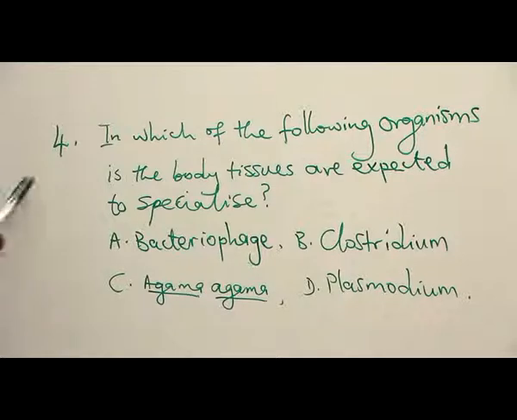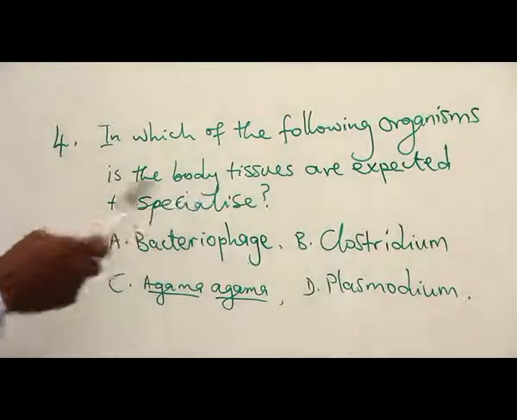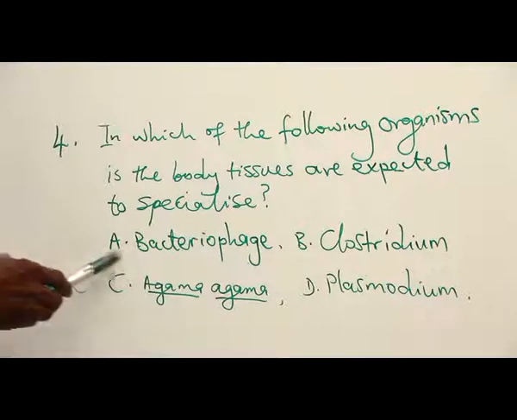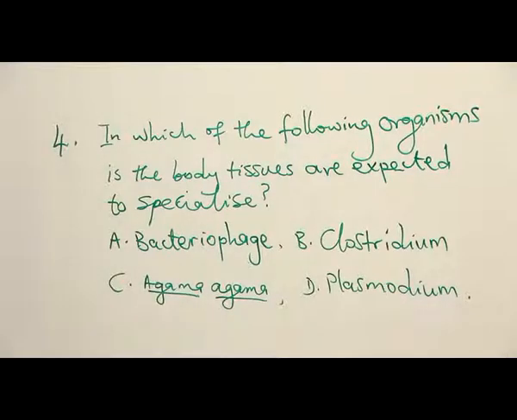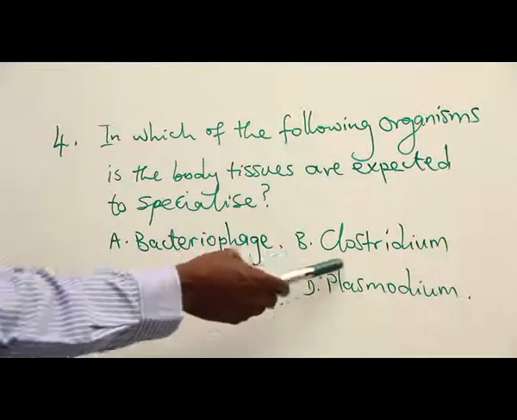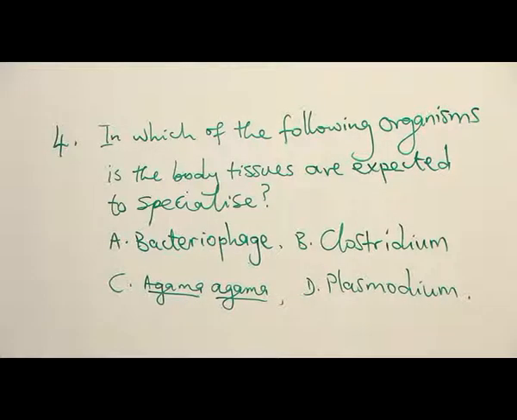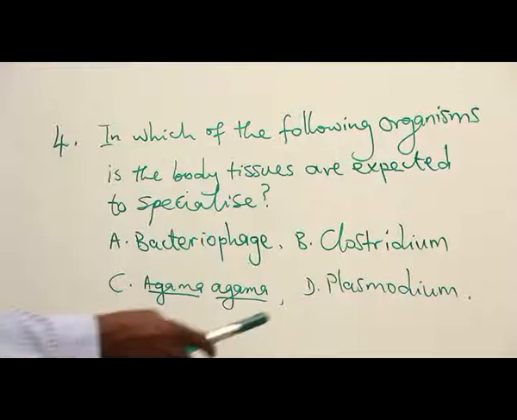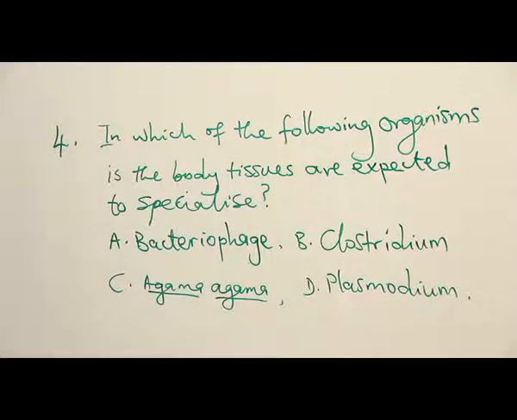Example 4. In which of the following organisms are the body tissues expected to be specialized? A. Bacteriophage, B. Clostridium, C. Agama, D. Plasmodium.